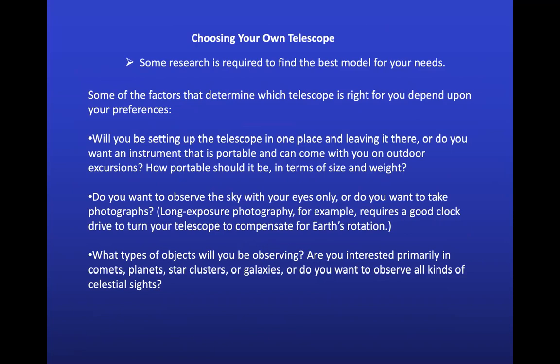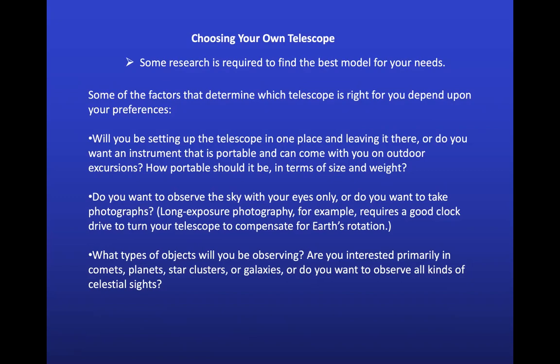Now, choosing a telescope is not the easiest decision to make, because there are some factors that determine which telescope is right for you, depending on your preferences and needs.